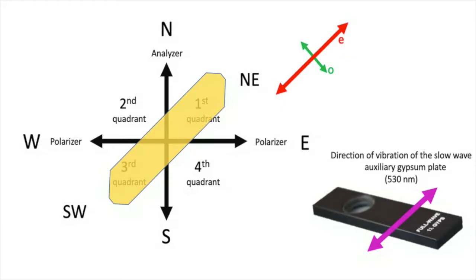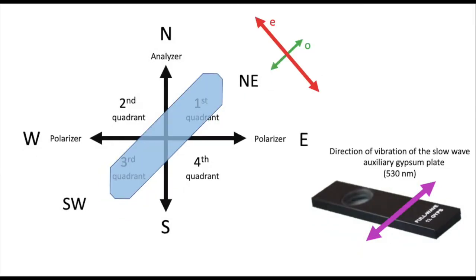In this example, the extraordinary ray, and so the optical or symmetric axis, is aligned with the maximum length of the crystallite. If the retardation color changes from white to blue, this means that this time the crystal has its plane of vibration of the ordinary ray, perpendicular to the optical axis, in the northeast-southwest direction, aligned with its maximum length.